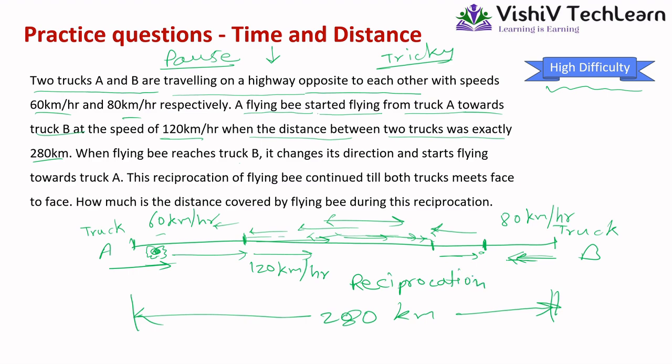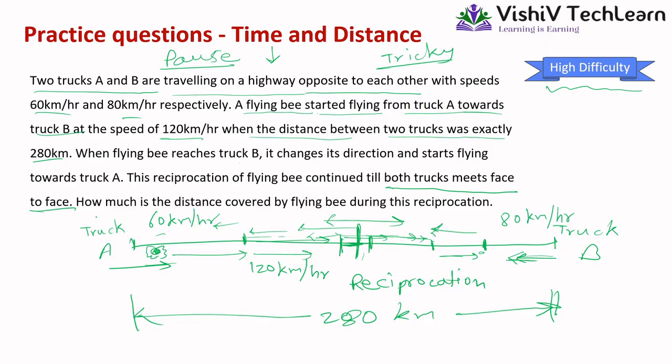This reciprocation continues till both the trucks meet face to face. Both truck A and truck B, when they meet face to face in one line only, then we can stop, or the flying bee will stop flying.